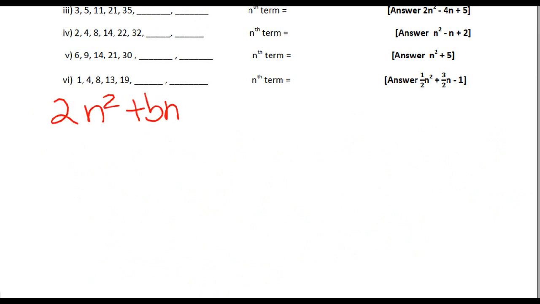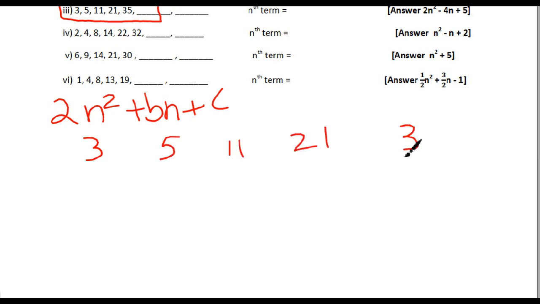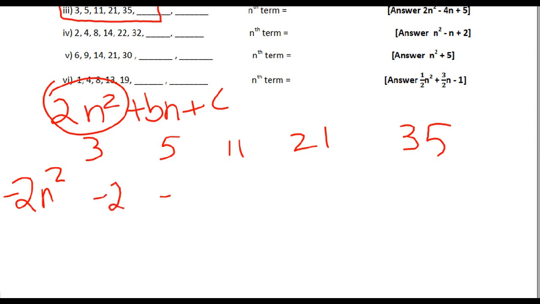Next we have to find the value of b and the value of c to get the nth term of a quadratic sequence. To find b and c, write the original sequence again: 3, 5, 11, 21, 35. Next we subtract 2n² from these numbers. The first term of 2n² is 2, because 2 times 1².